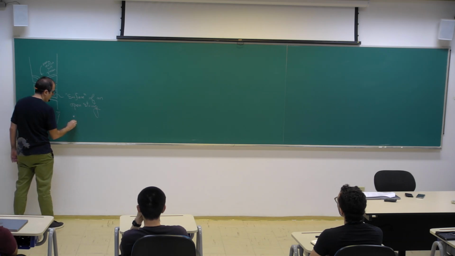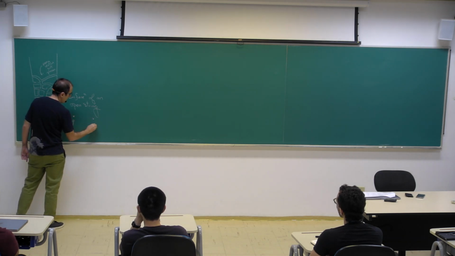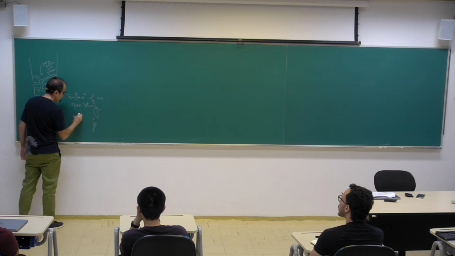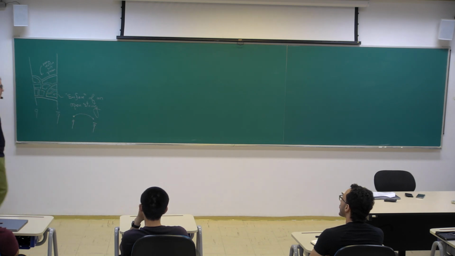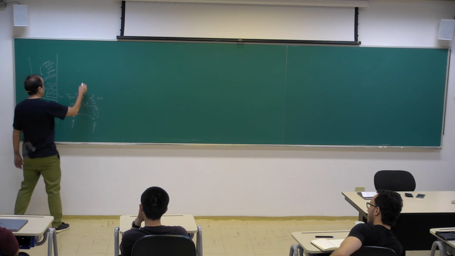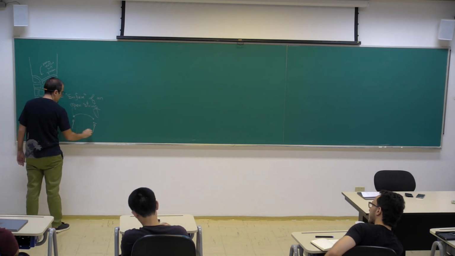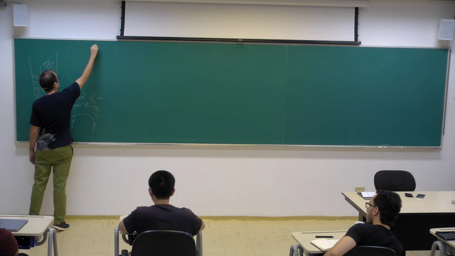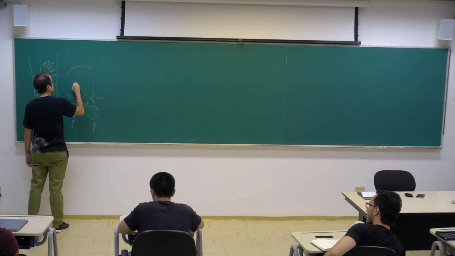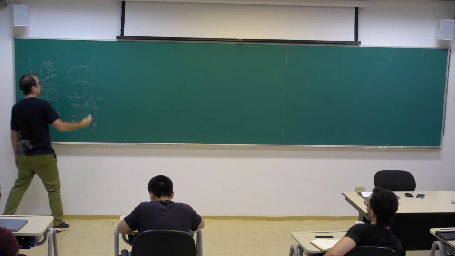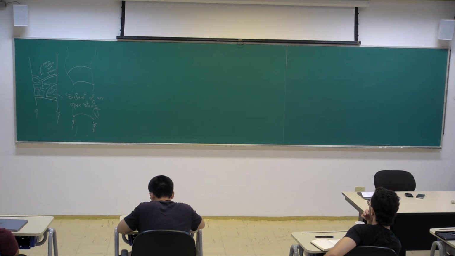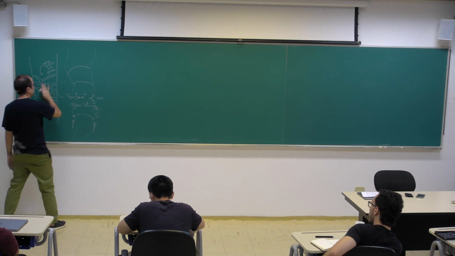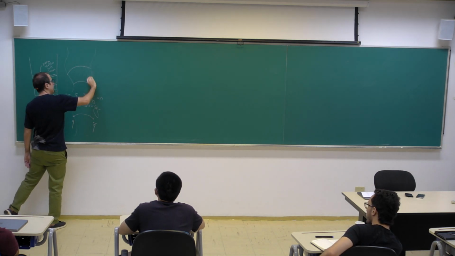So we have a quark, we have an anti-quark, and there is a string that stretches between the quark and the anti-quark. And as the quark and anti-quark move in time, this string will sweep out a surface, and this surface would be the surface of the string.